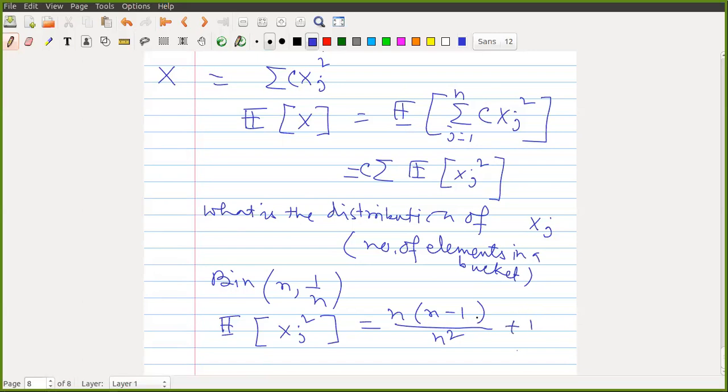So the expectation of x, this sum, will be order n. So basically this is nothing but less than 2, so it will be 2cn, which is order n. So the total time for bucket sort would be order n.